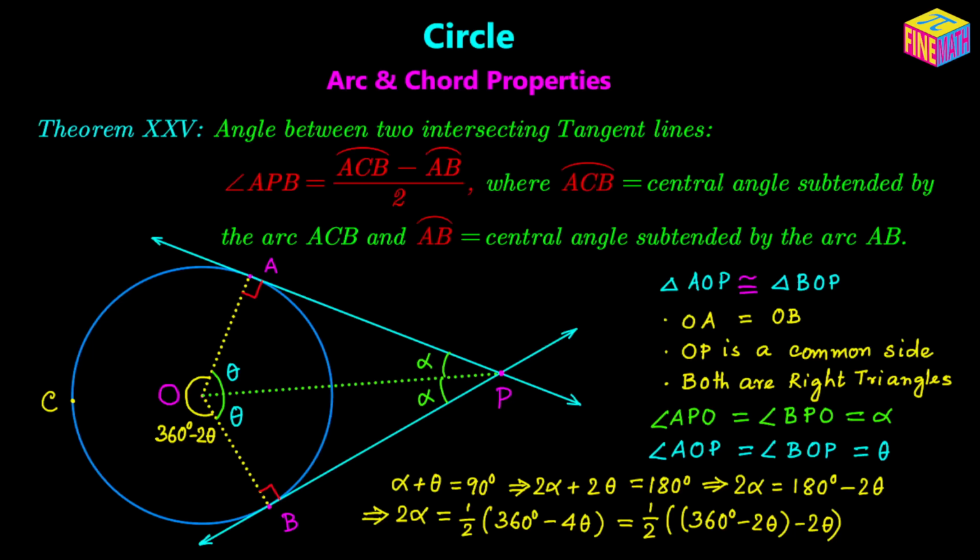So we can write this quantity as half of arc ACB, which represents the central angle subtended by the arc ACB, minus arc AB, which represents the central angle subtended by the arc AB. And that's exactly what we needed to prove. 2 times alpha is nothing but the angle APB, and that's exactly what we needed to calculate, and it is in fact half of the difference of those two central angles.